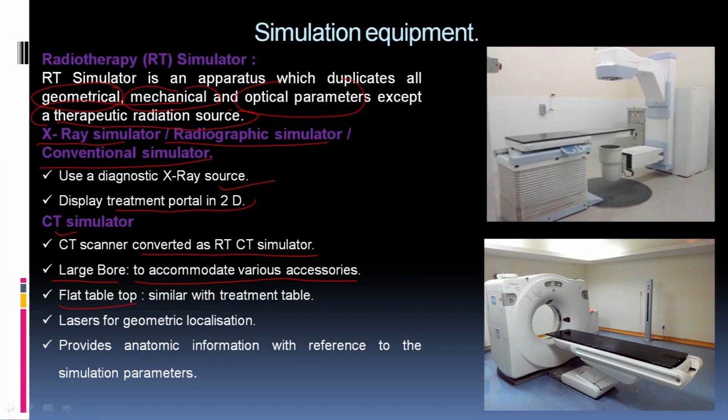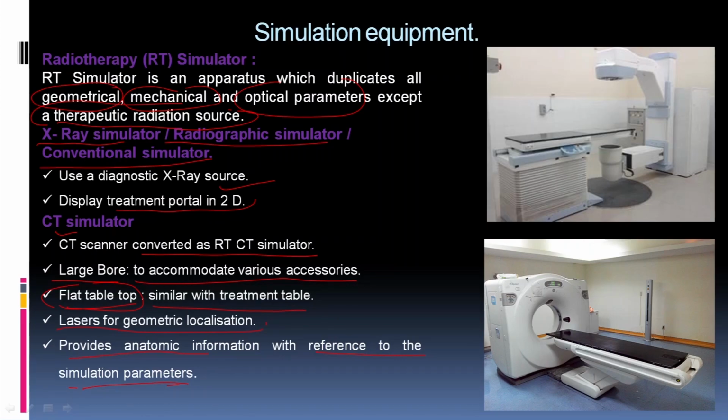This is similar to the treatment table, and we have lasers for geometrical localization. External lasers are installed on the wall and give us the geometric localization of the patients, and the CT simulator provides anatomic information with reference to the simulation parameters with the external lasers.